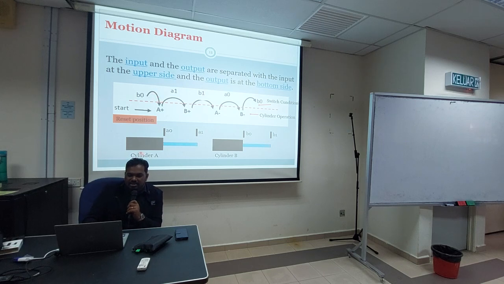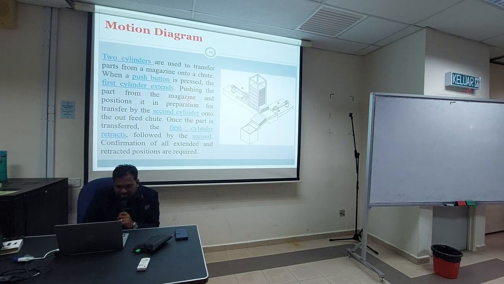So untuk cylinder A start, B0 kena on. So meaning cylinder B dah balik ke tempat asal. So that is your first condition. Yang ni ada dekat mana? So confirmation of all extended and retracted position are required.